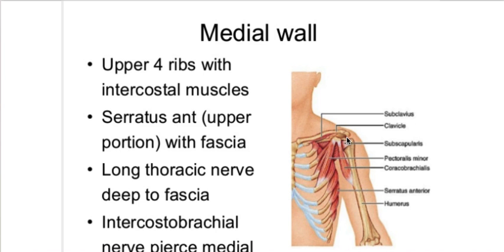Coming to the medial wall, this is the medial wall. We all saw that there were upper four ribs involved. The upper four ribs will also contain the intercostal muscles along with it. The serratus anterior upper part, if you remember, we have the attachment of the serratus anterior all through the chest wall, which will also form the medial wall of the axilla, along with the long thoracic nerve, which supplies serratus anterior, also called the nerve of Bell.